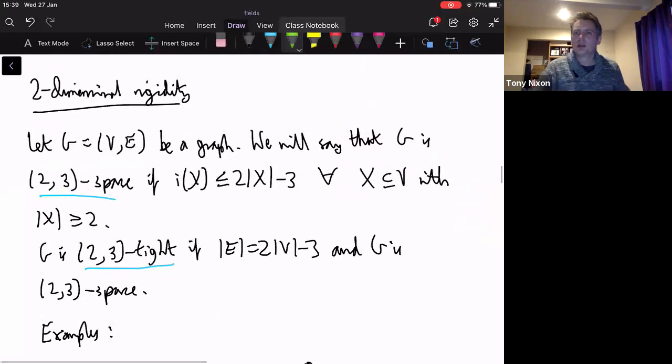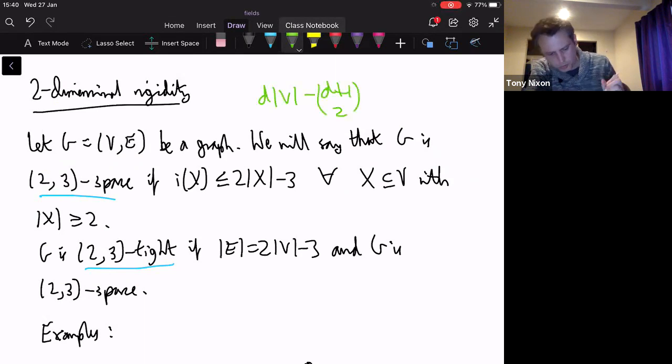Okay, so last time we talked about the necessary conditions. And so we know that we want to look at d|V| minus (d+1 choose 2), which when d is 2, is 2|V| minus 3. So let's define that class of graphs. In particular, a graph is called 2-Frees sparse.